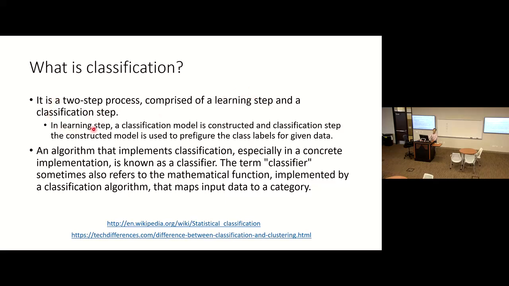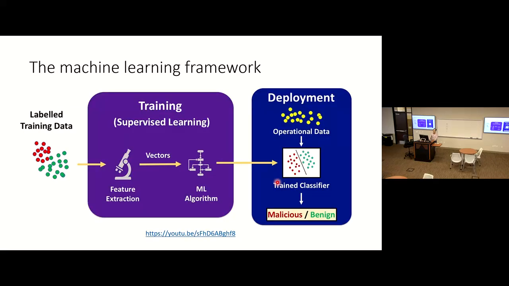And then you do the classification: you test your new data points. The trained model is called a classifier. It can take many different forms, and that's why there are different categories of methods.